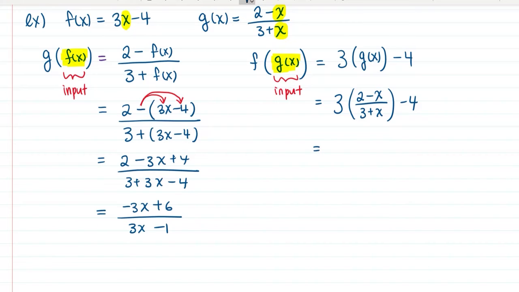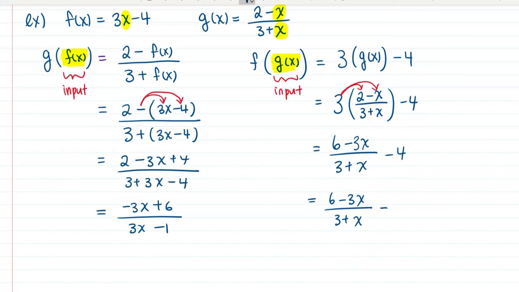Let's multiply that 3 in the numerator, so distribute that into the numerator part. So that will be 6 minus 3x over 3 plus x, minus 4. Let's combine these together into one fraction.